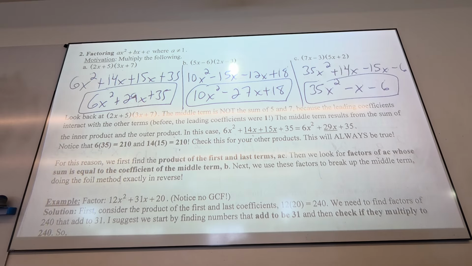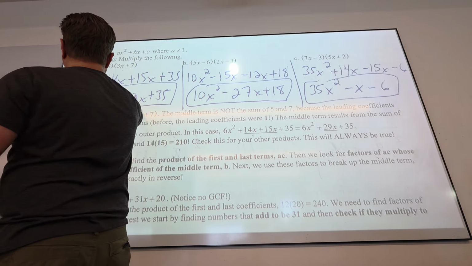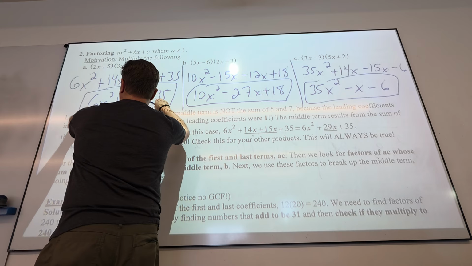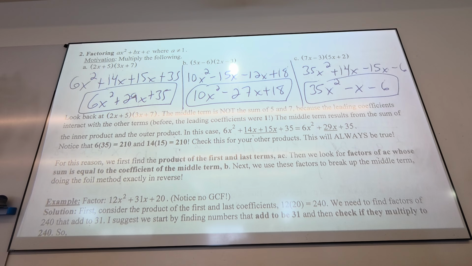So instead of finding factors of the last number that add to be the middle, I find factors of this times this that add to be the middle. Maybe. So let me do an example.